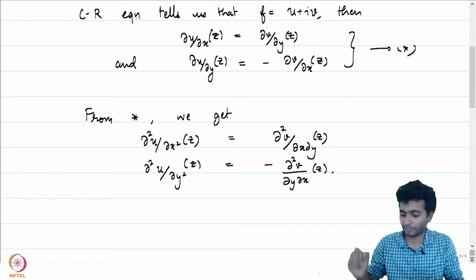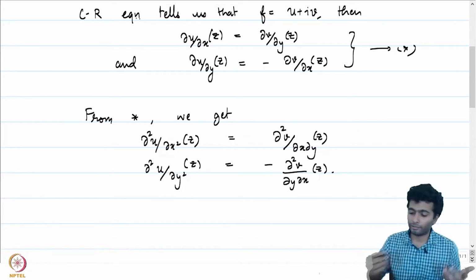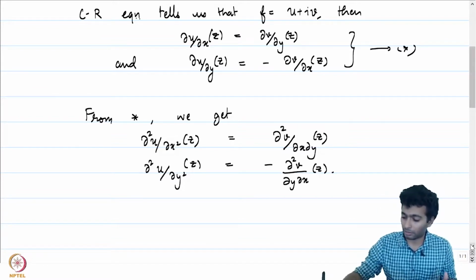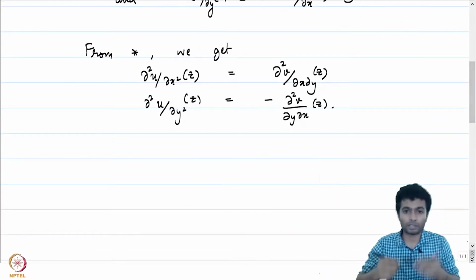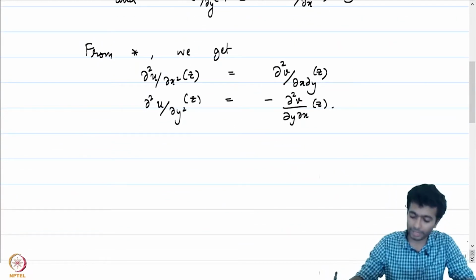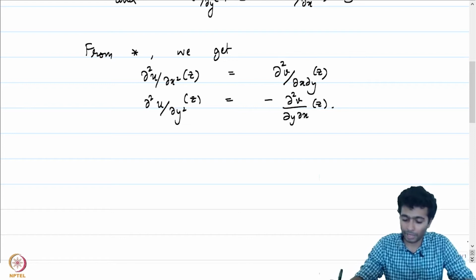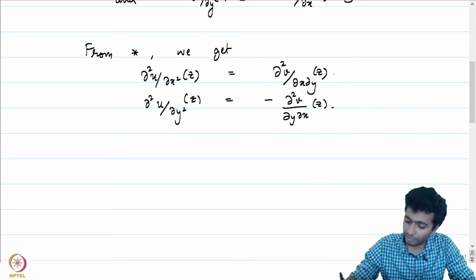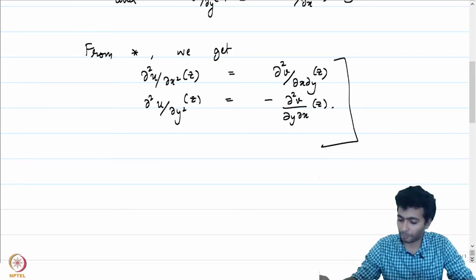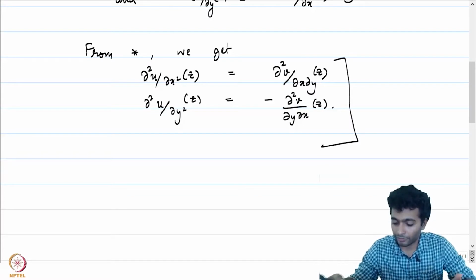Now if we invoke the calculus that we have studied earlier, or a course on real analysis in several variables, by Clairaut's theorem, whatever is there on the right here, they are the same, right?